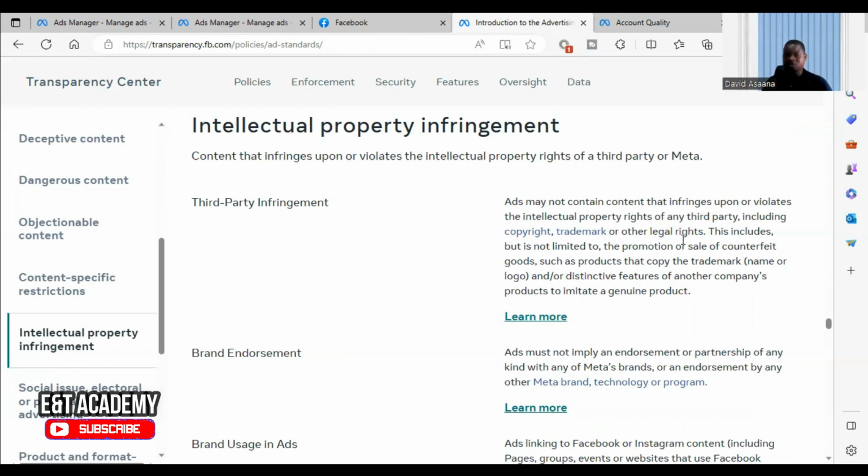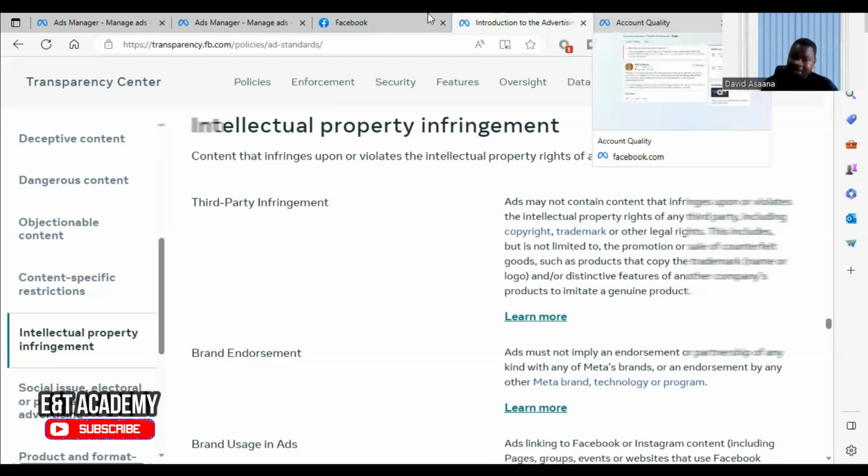So when you buy those and sell them, and the system detects that these Nike or Adidas shoes are not from the original manufacturer, they will disable it. And if you repeatedly do that, in some cases they either permanently disable your page or remove it completely. You can't even see it. So make sure that you follow it to avoid their policy violation.